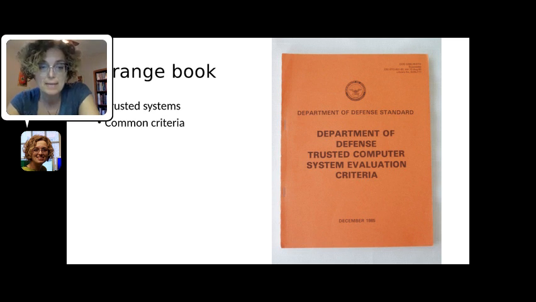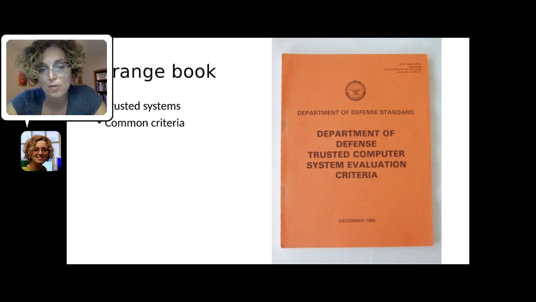This has become a multinational standard, and this common criteria is not about limiting functionality, it's about allowing multiple users at a time, and it's very novel for its time and very looking ahead.